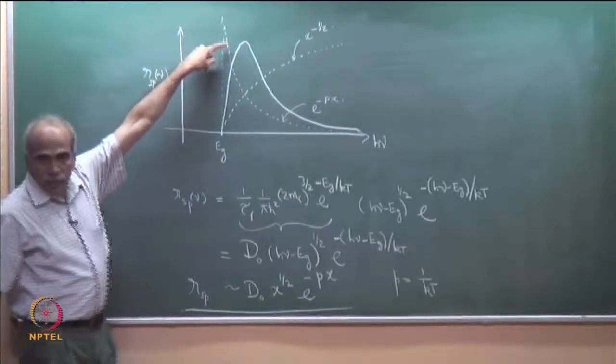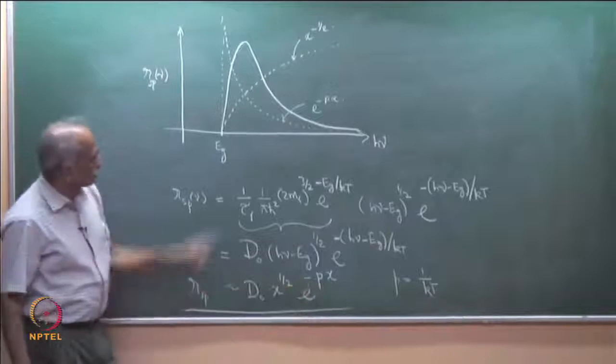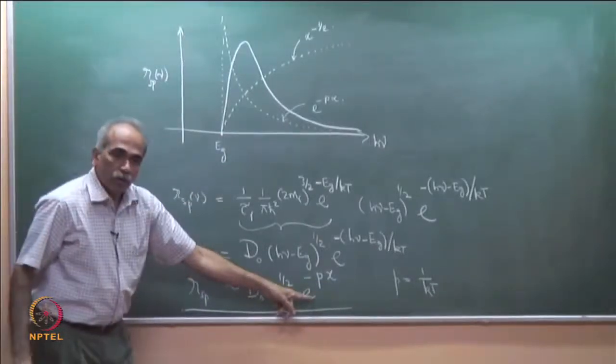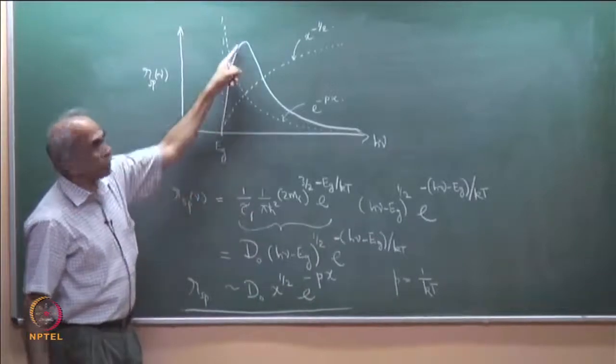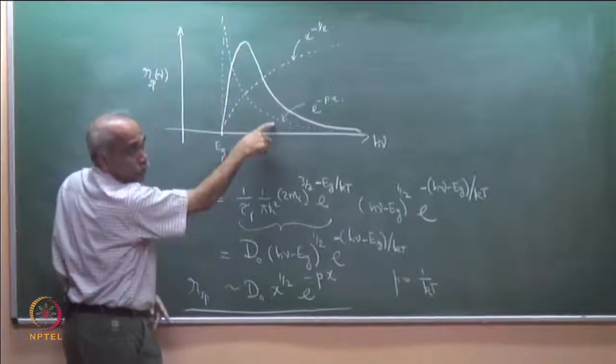Initially this is a product of two functions. So, the product is 0 here, but suddenly this is a large value. So, the product jumps, it goes up to some maximum, because later on exponential takes over.